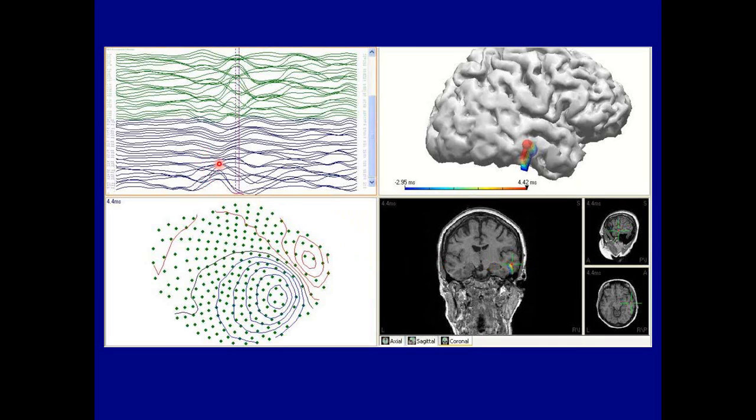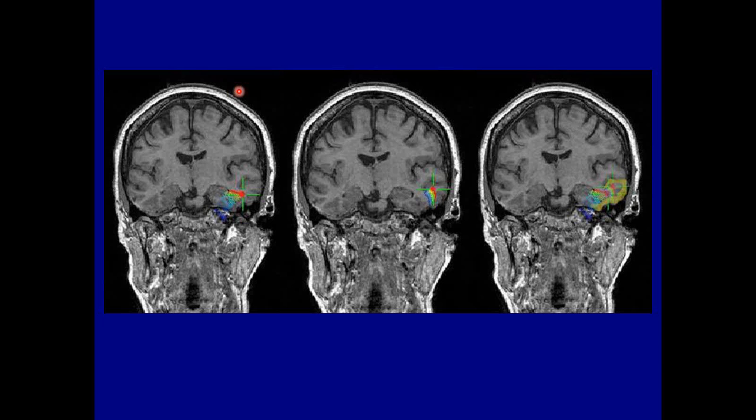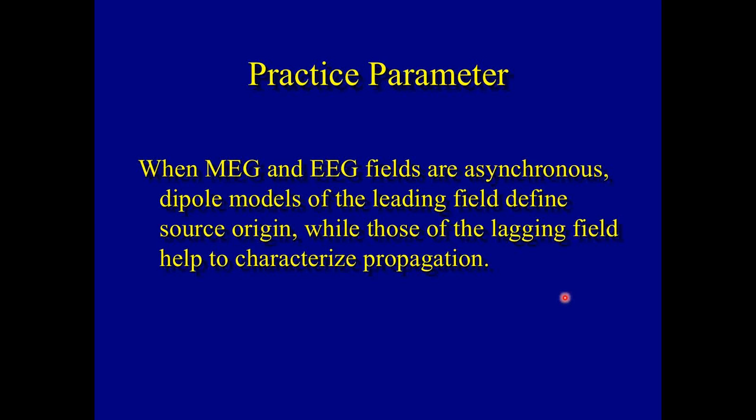The problem is the EEG spike is earlier, seen here, and if we model the EEG spike with a moving dipole, we see it moves from more basal to more inferolateral cortex before we see the MEG. So what we're probably dealing with here is actual initial activation of the base of the temporal lobe with propagation up and then into the superior temporal sulcus to define both the earlier EEG and the later MEG activity.